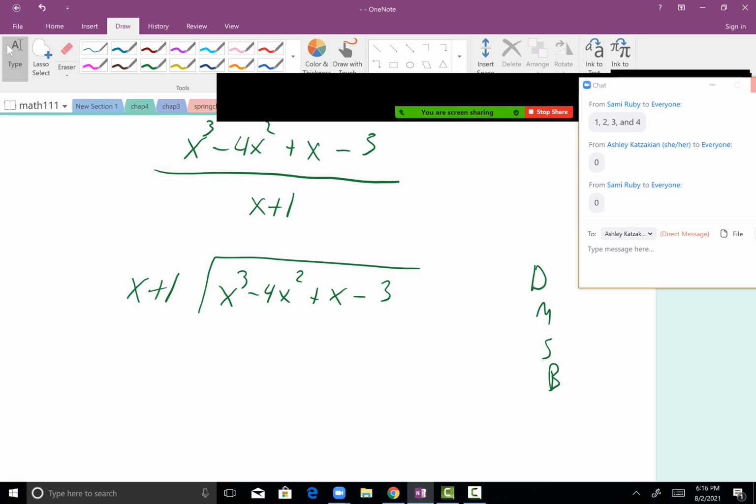So the idea is to figure out, what would I multiply this x by right here, because we're going to divide this by x, to get an x cubed. Can anybody tell me what we would multiply x by to get an x to the third?